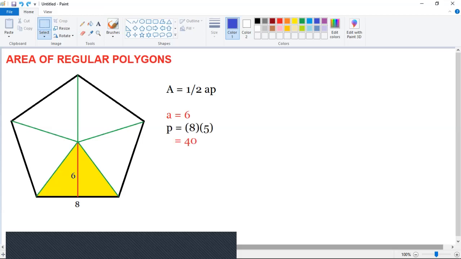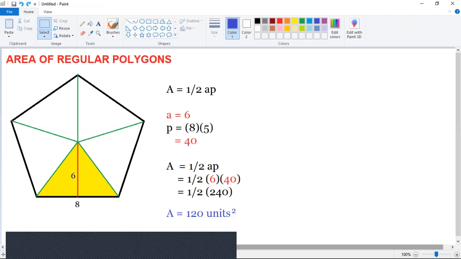So 8 times 5 is 40. The perimeter is 40, the apothem is 6. We're ready to plug in the values for half AP. 6 is for the apothem, 40 is for the perimeter. 6 times 40 is 240, half of that is 120. So the area of the regular pentagon is 120 units squared.